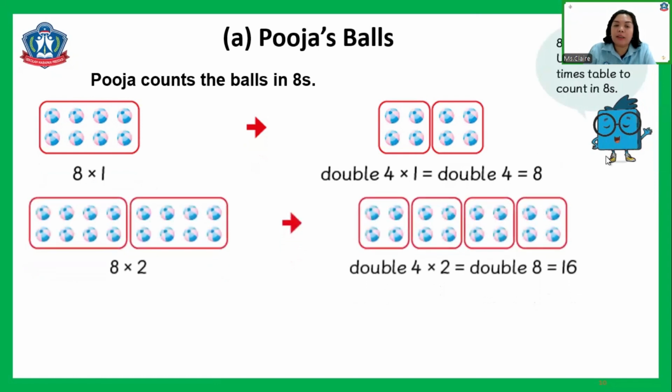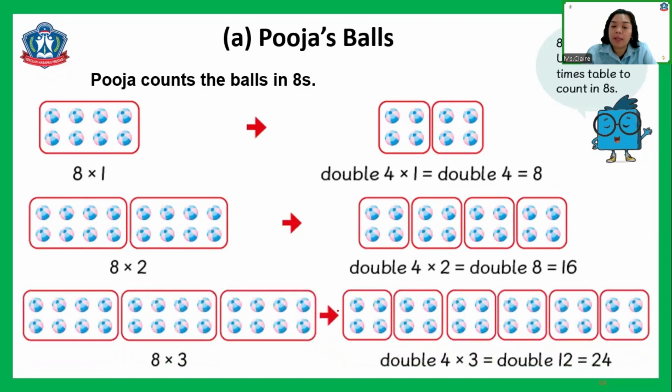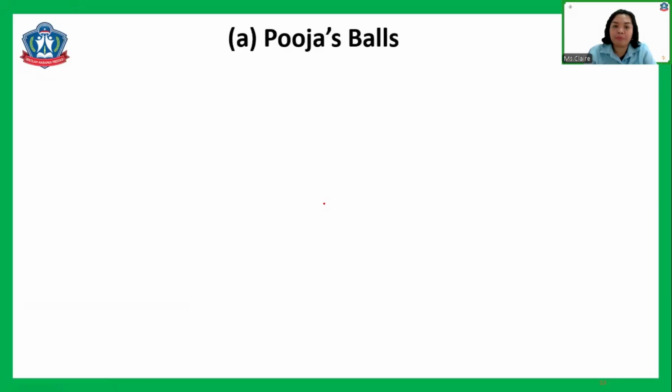So if we have 2 sets of 8, that is 8 times 2. So double 4 times 2 is equal to double 8, and that is 16. 8 times 3 means double 4 times 3 is equal to double 12, which is 24. So if we have 3 sets of 8, that is equal to 24.